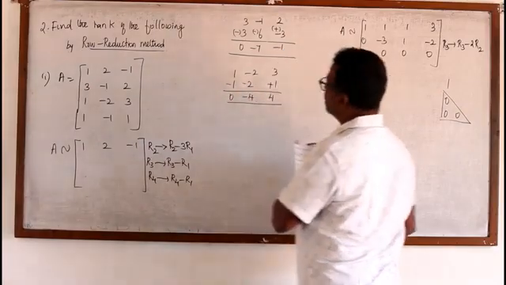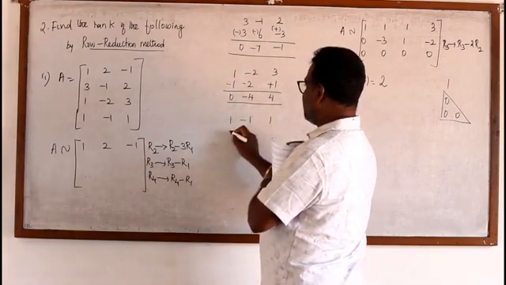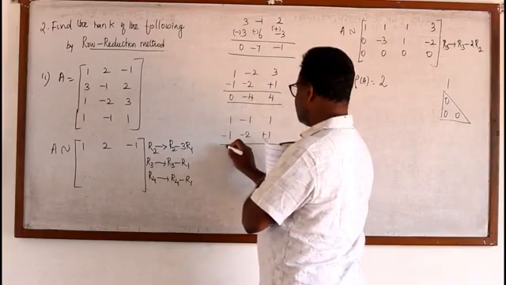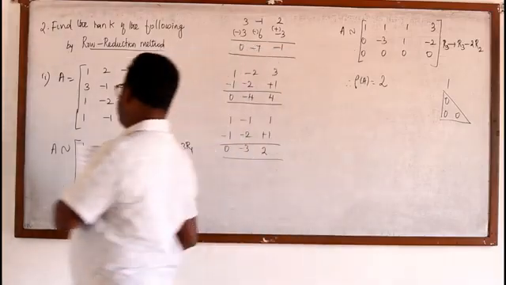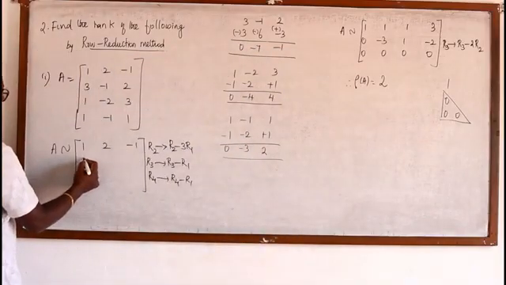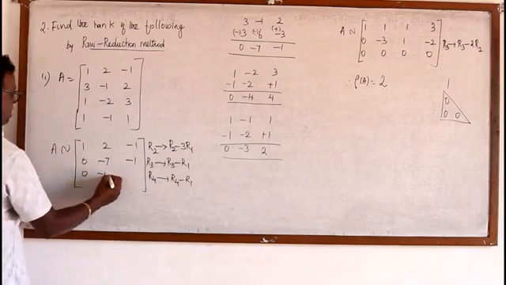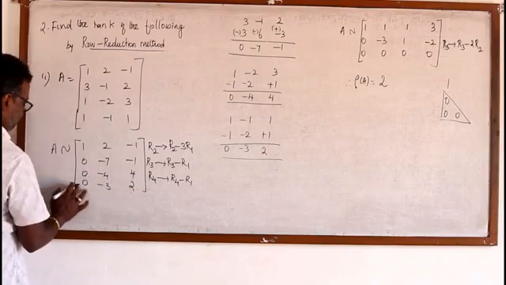This is the third row. Then R4 minus R1: 1, minus 1, 1 minus 1, 2, minus 1. I have to change the sign. So 0, minus 3, 2. Therefore, the second row is 0, minus 7, minus 1; then 0, minus 4, 4; then 0, minus 3, 2.